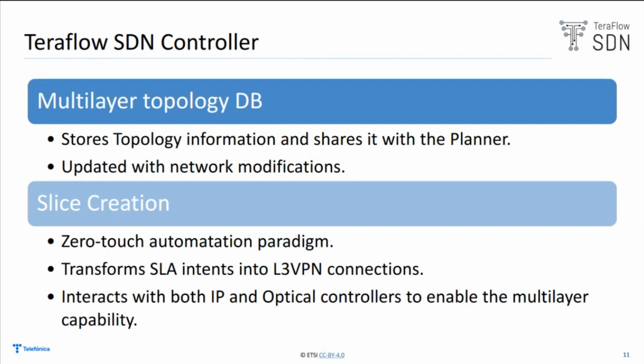With the TeraFlowSDN controller, we will export this information about the IP and optical topology with an IETF format, the same format as the intent, so it's easier to manage. And for the slice creation, there's now a module in TeraFlow which can manage the slices, but we need to modify it to support these new functionalities. These use cases are based on the level 3 VPN creation, but it can be about level 2 VPNs or other functionalities also.